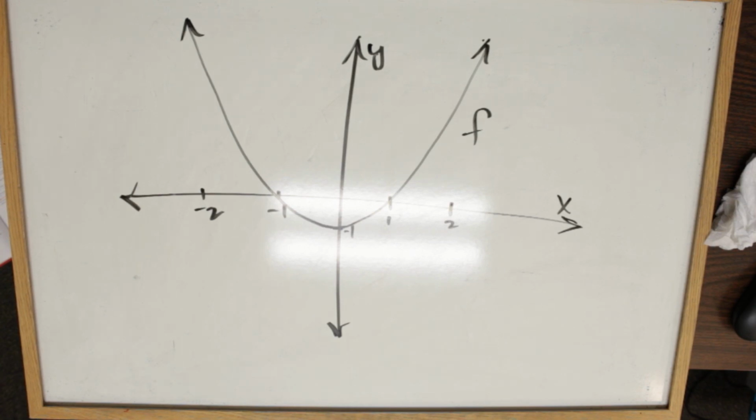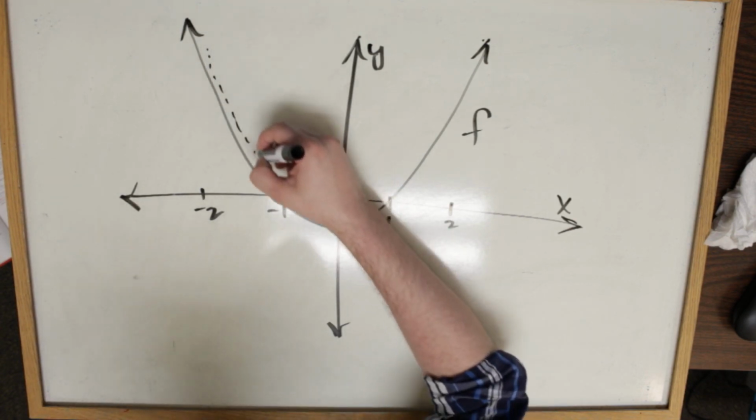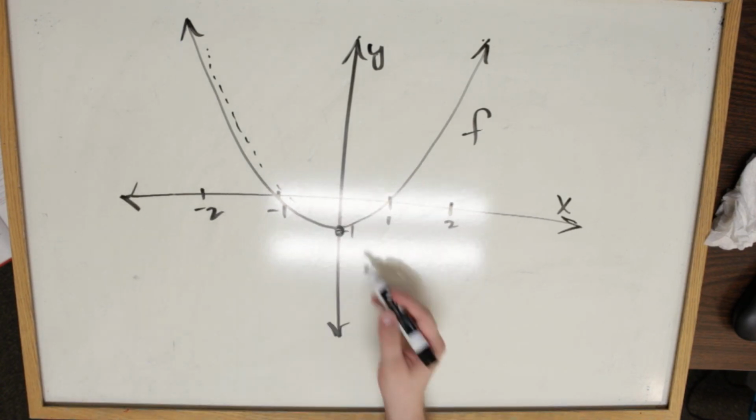So okay, so here's what's happening. It's going to be decreasing if you follow where it's going from left to right. It decreases down to that minimum point. So what's the interval that this is decreasing on?